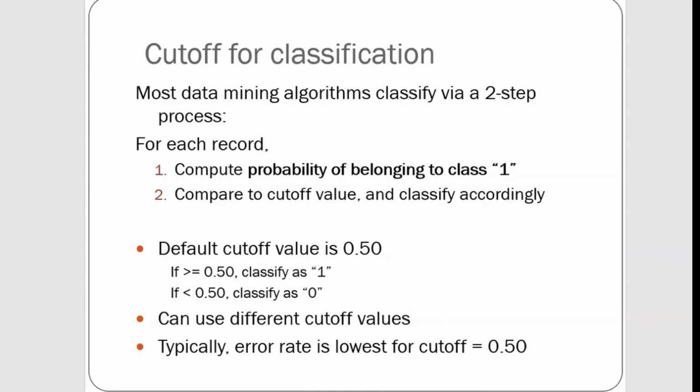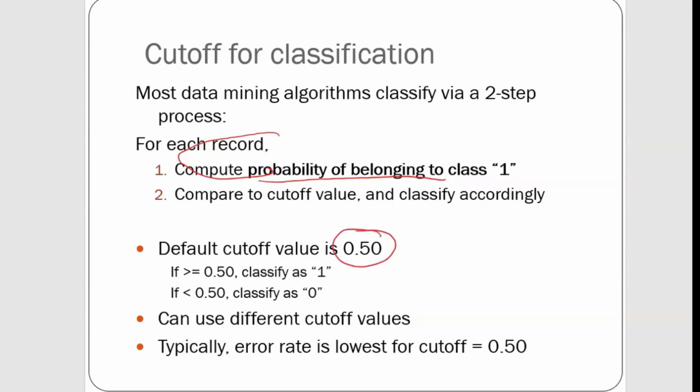So how do we go about classifying our records? Classification really is a two-step process. In the first step, where some modeling is required, we compute the probability of a record belonging to class 1. Once we have that probability, we come up with a cutoff value.